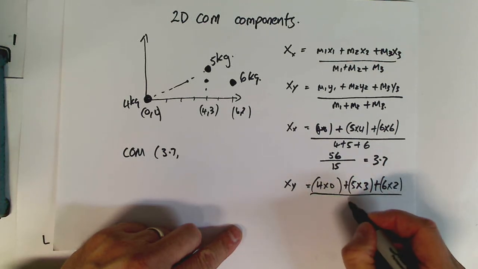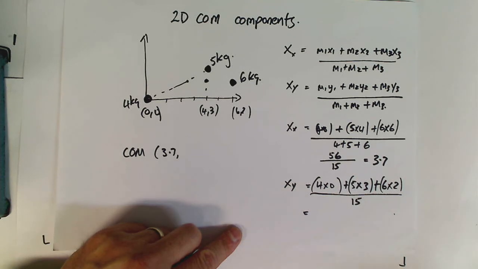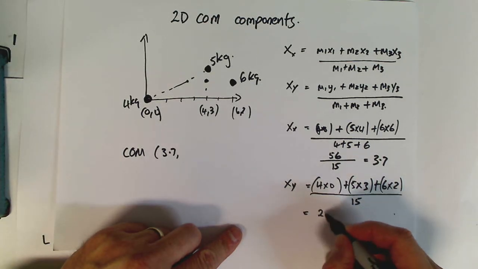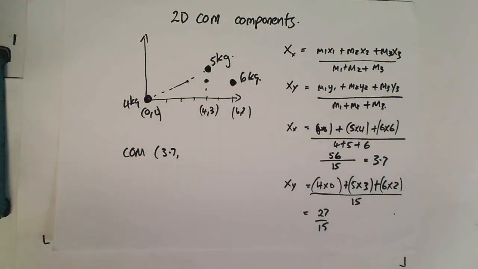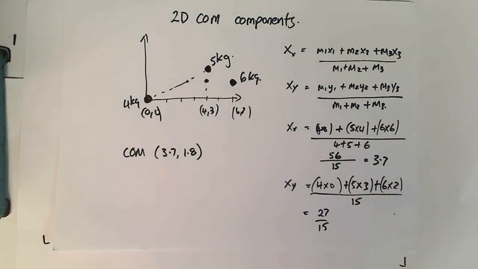Same old numbers on the bottom, 4 and 5 and 6. So we end up with a component which is 12 and 15, or 27 divided by 15. Do that on our calculator, and we end up with 1.8. So our y component is 1.8. That's the component method for finding centre of mass.